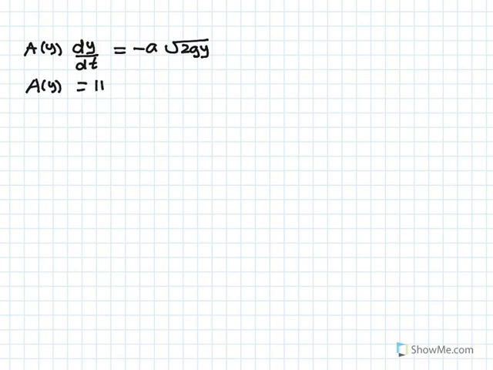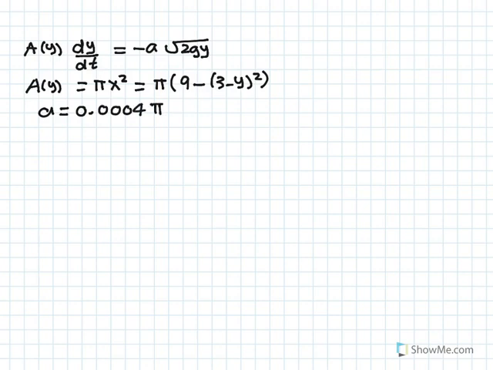All right, so we have A(y) dy/dt is equal to minus a root 2gy. That's Torricelli's law. We solved for the cross-sectional slice of fluid at height y to be equal to pi x squared, because the radius of the cross-sectional circle is x, and we applied Pythagoras to get a relationship between x and y. So we get pi times 9 minus (3 minus y) squared. And the cross-sectional area of the hole at the bottom, we found to be 0.0004 pi meters squared.